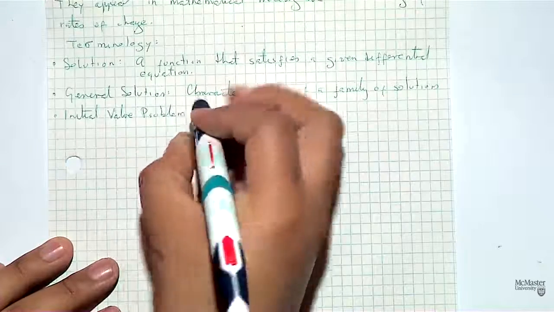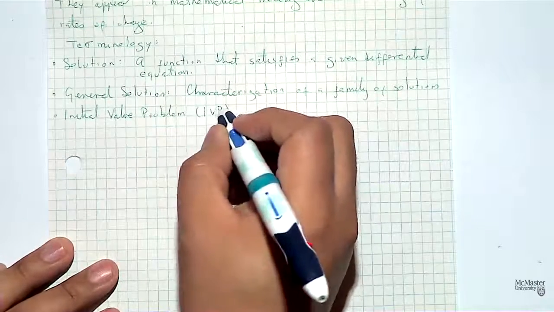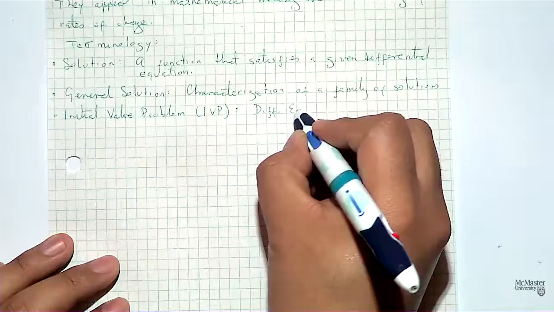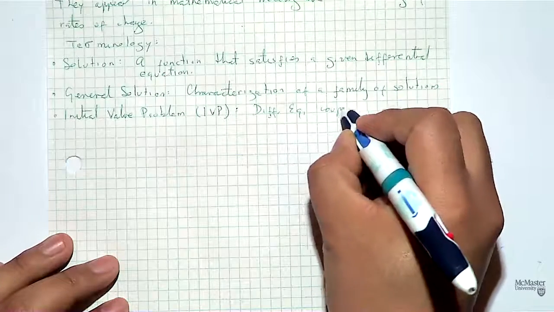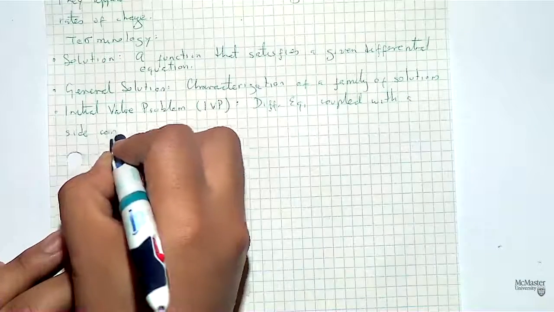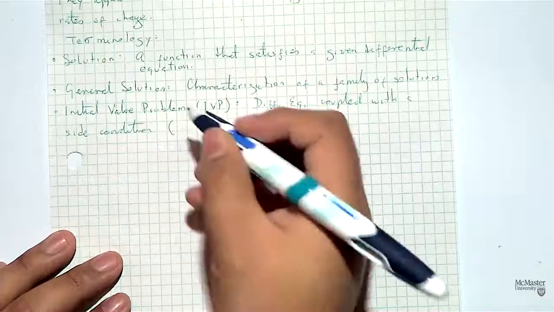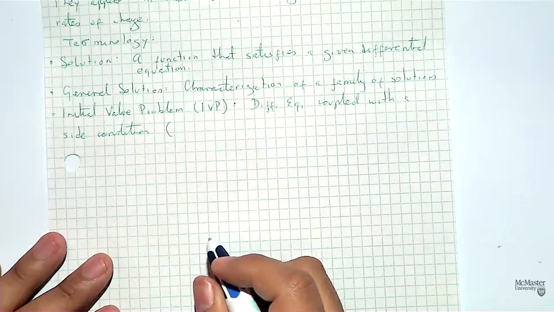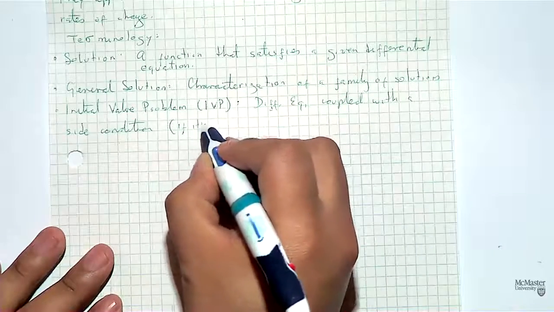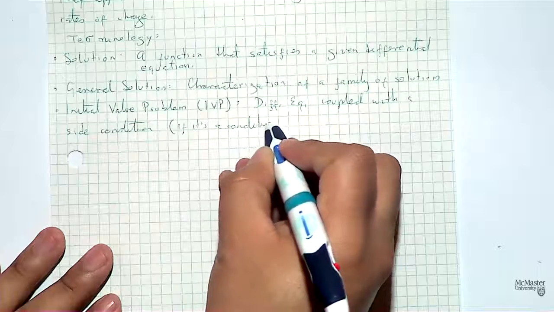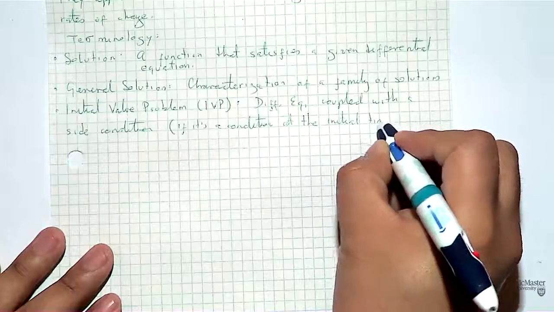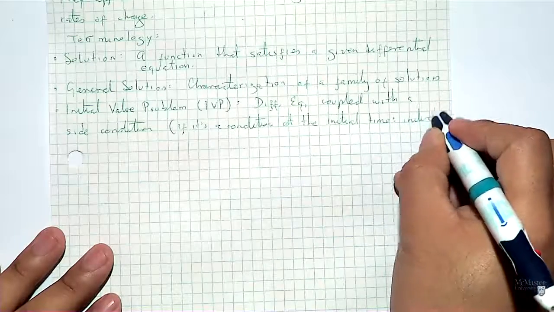Now, what is an initial value problem? And I'm pretty sure that I talked about this IVP like 1 month ago. So that is when you have a differential equation, a DFQ, but it's coupled with a side condition, which, for example, if you have y in terms of time, is a condition at the initial time, it's called initial condition.